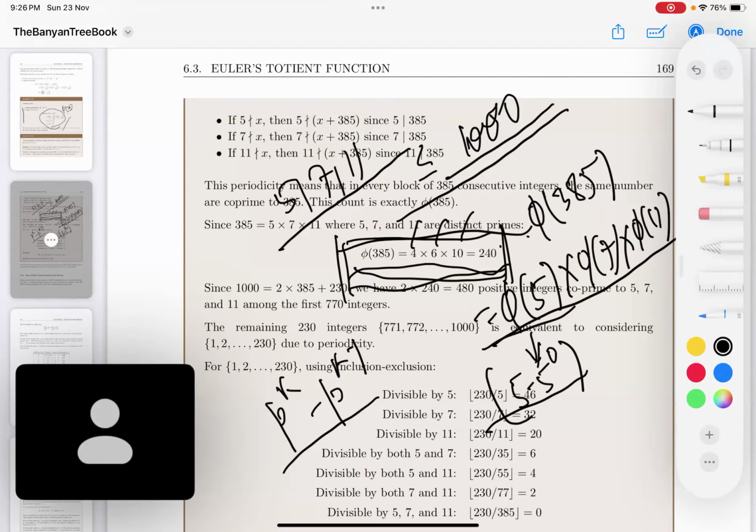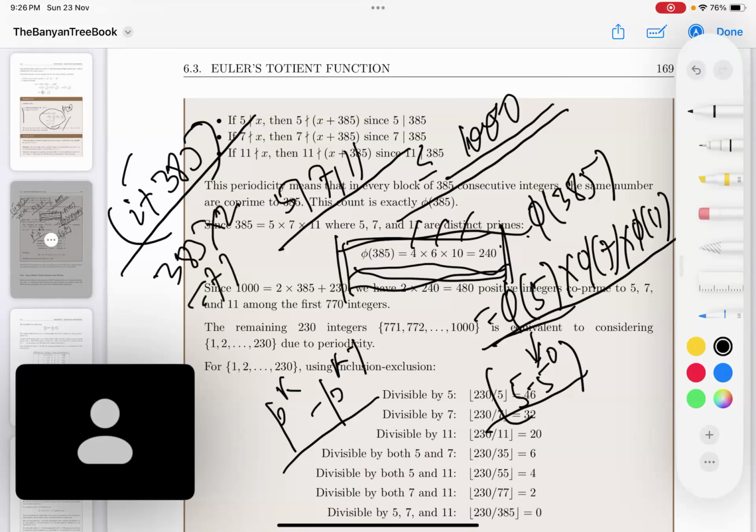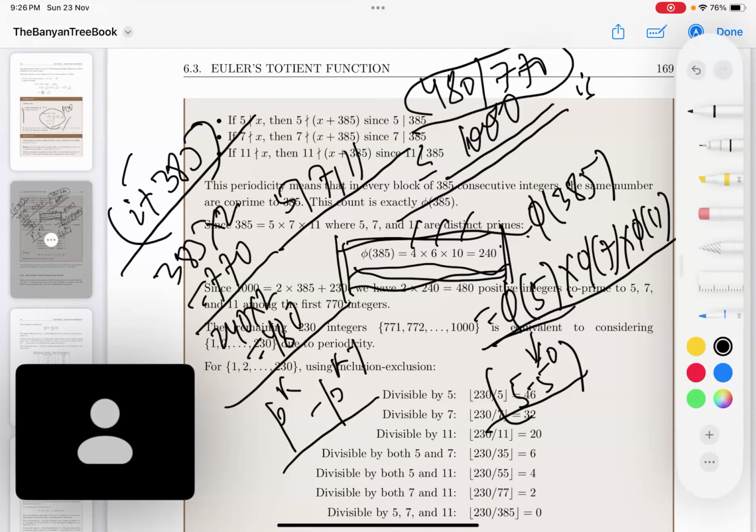So if this is 240, then we know that we can do I plus 385, which will also be co-prime or non-co-prime based on what I's status is. Correct? Yes, sir. So 385 times 2 is 770. Out of 770, 240 times 2, which is 480, are co-prime.